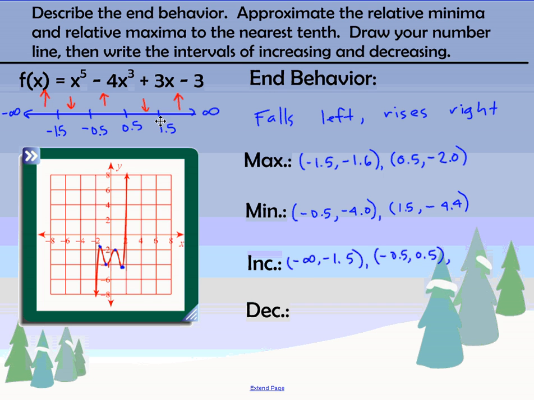And then my last one is from 1.5 to positive infinity. Then my decreasing is all the down arrows, so negative 1.5 to negative 0.5 and 0.5 to 1.5.